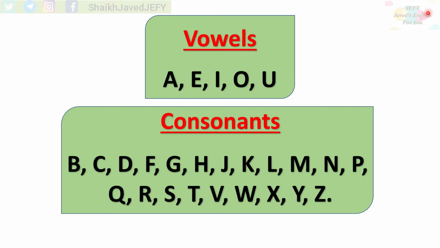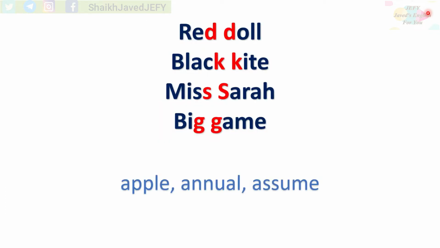They are A, E, I, O, and U. The second group is called consonants. They are B, C, D, F, G, H, J, K, L, M, N, P, Q, R, S, T, V, W, X, Y, and Z.